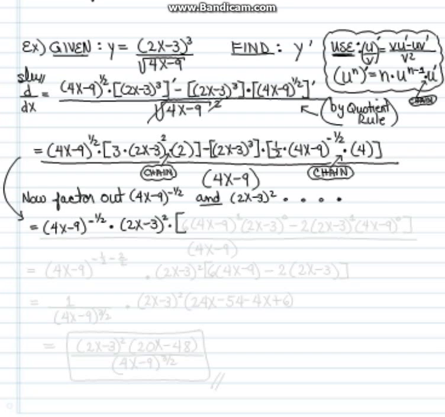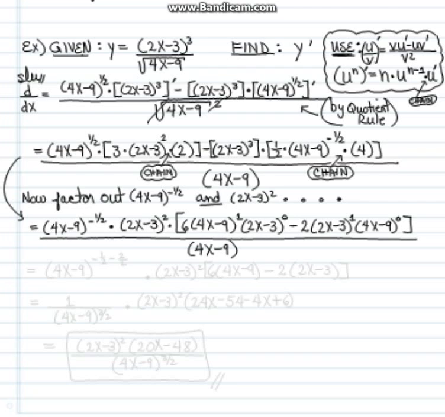And similarly, things are going on like this in the second term. So if you don't believe what I'm about to write, just go back and check it yourself. Do it your own way. That's cool as long as you arrive at the same answer. We're just simplifying here. 6 times 4x minus 9 to the first power times 1, in other words 2x minus 3 to the 0. Here's the second term, minus 2x minus 3 to the first power times 1, in other words 4x minus 9 to the 0 power, over 4x minus 9.